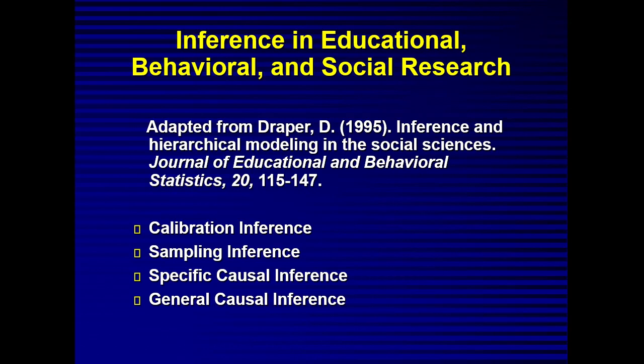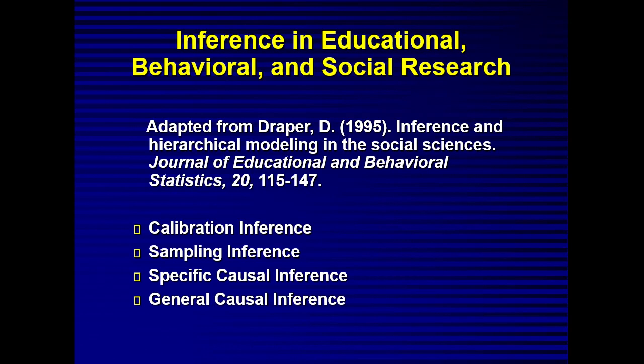The second type I refer to as causal inference. That is, we want to make inferences back to the population that is represented by our sample, or we want to infer causation from our single randomization, or we might want both. And those 2 general types of inference lead to these 4 more specific types of inference that Draper identifies.